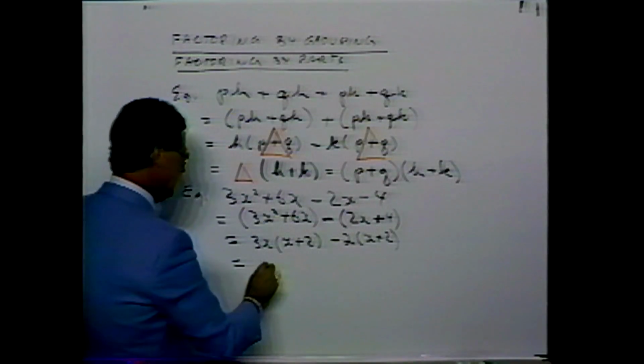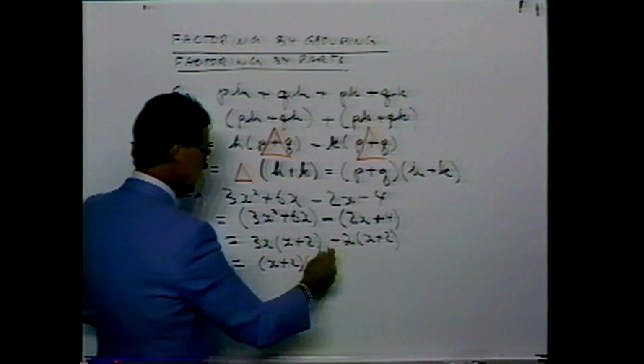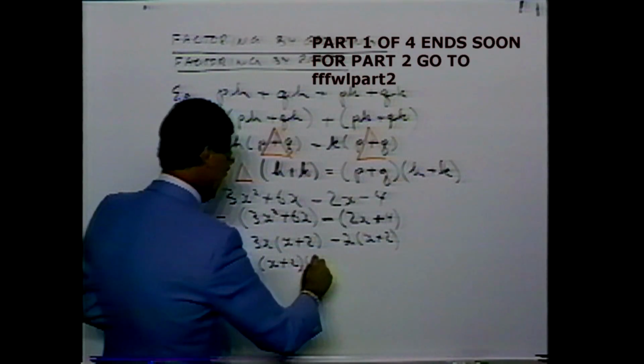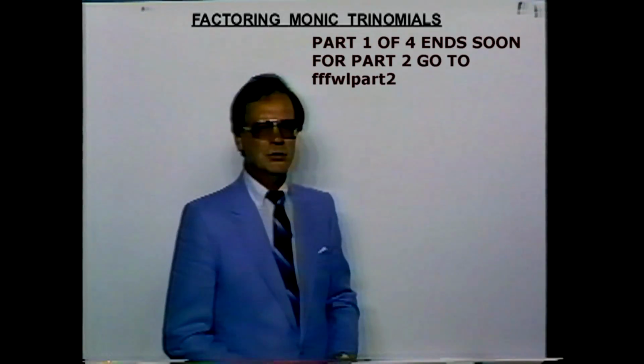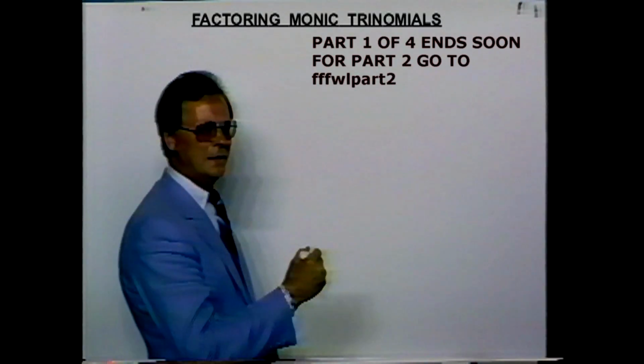So taking that out as a common factor and putting the remaining factors within the second bracket, we write 3x minus 2. The next factoring type is factoring a three-term polynomial or a trinomial.